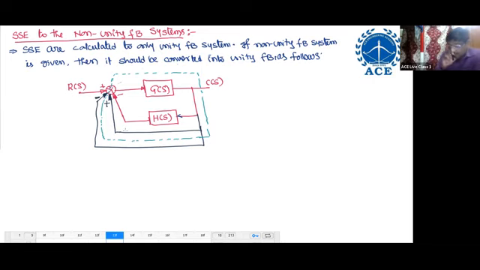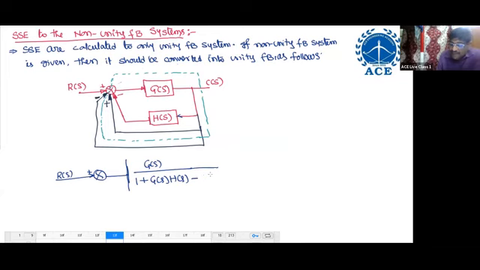Now I'll simplify up to the positive feedback. What will I get here? R of S, here the plus summing point. Now simplify. First G of S, first H simplify: 1 plus G of S H of S. Then the opposite sign of the feedback. Plus means minus. Here plus is there, so minus.